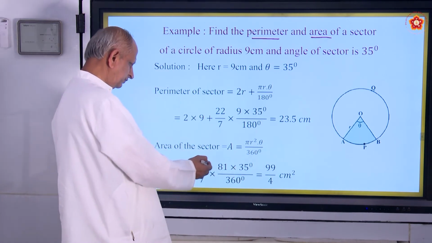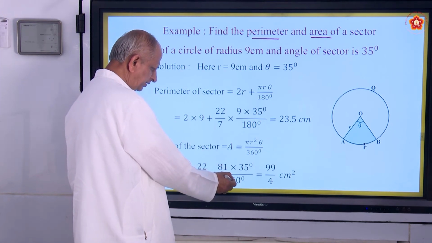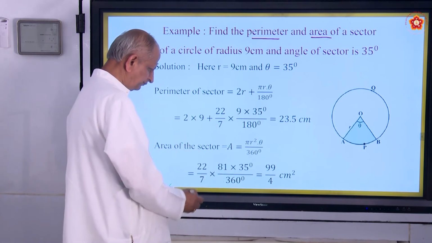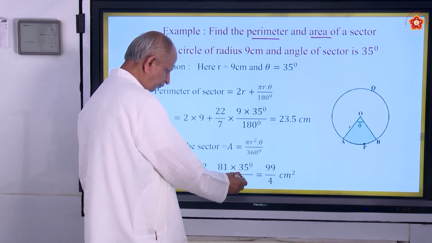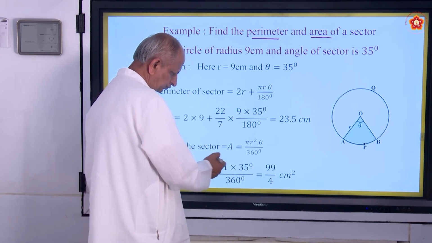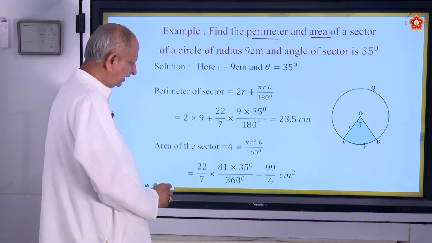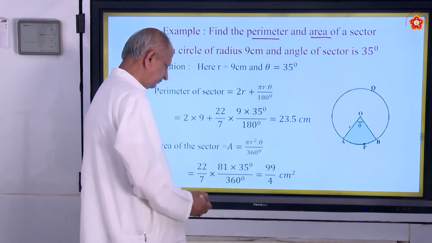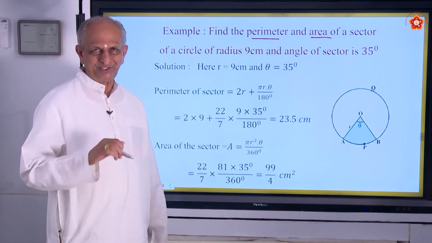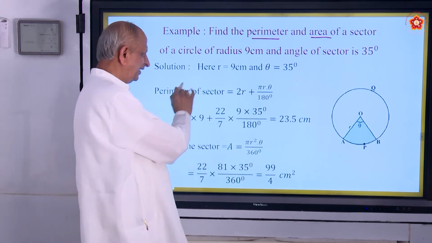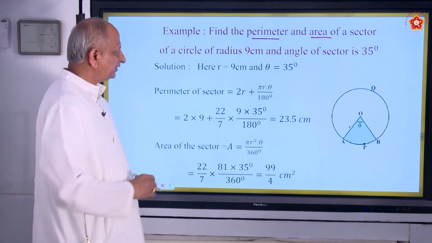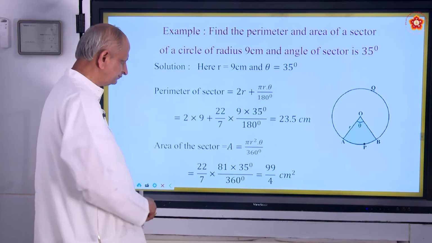If you cancel, 9 nines are 81, 9 forties are 360, 7 ones are 7, 5 fives are 35, 5 ones are 5, 8 fives are 40, then 2 elevens are 22, 2 fours are 8. So you get 99 by 4, that is the area. Is it alright? So take it down. This is a direct question, but you must learn the formulas for areas of sector correctly.